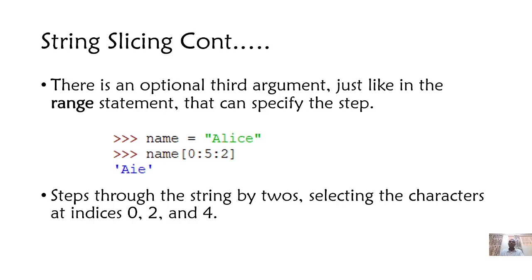But if I have to move 2 steps, I must move 1, then 2, so the second one will be printed. This one is jumped by putting this particular step.